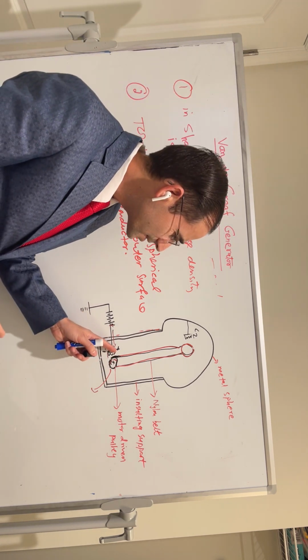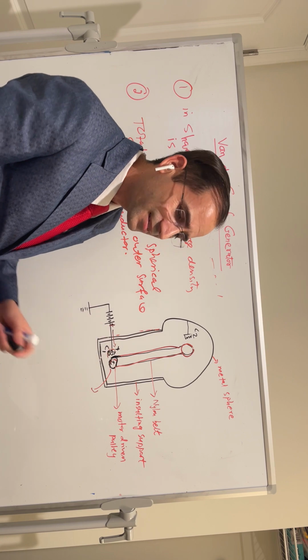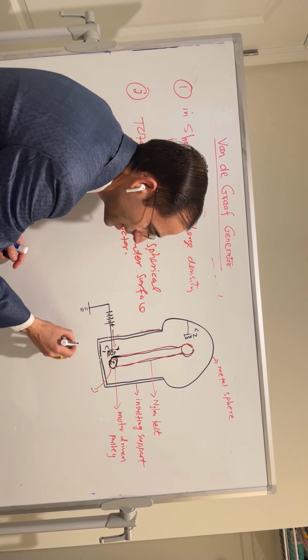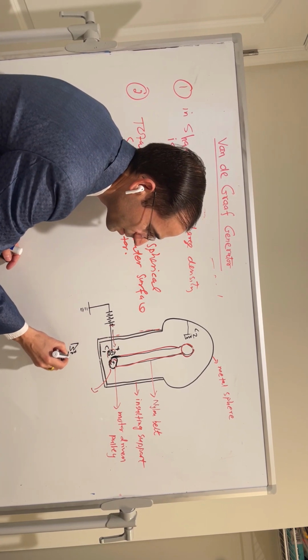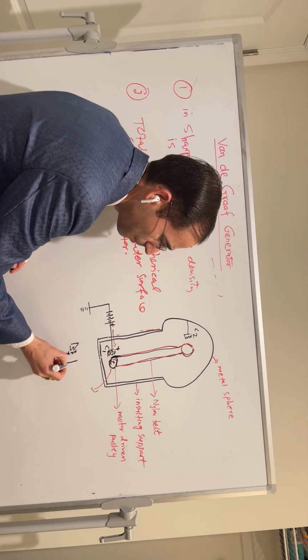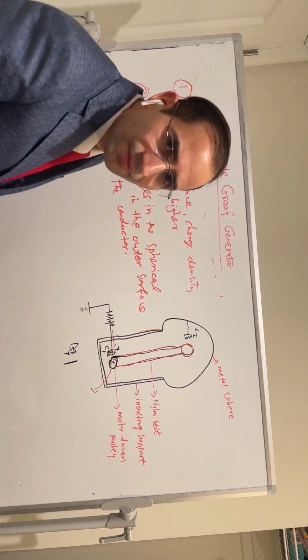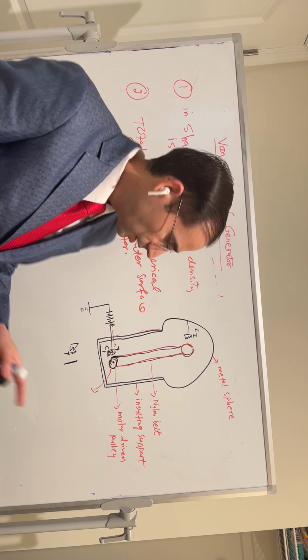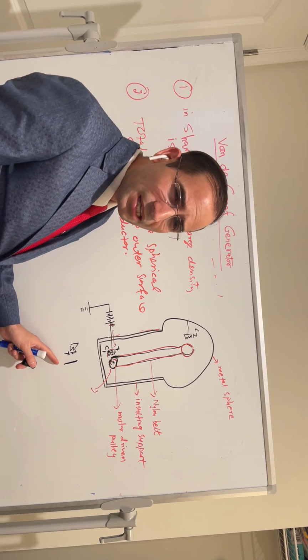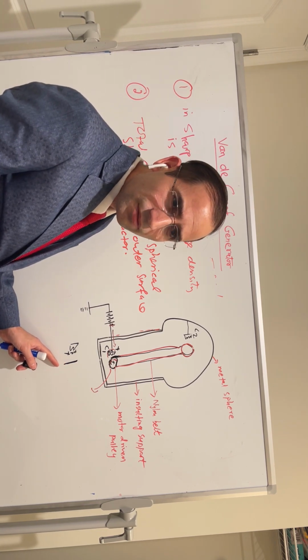But when it sees the positive charges nearby, here is the comb with positive charges, and here is the part of the belt. Initially, it has an equal number of plus and minus charges.